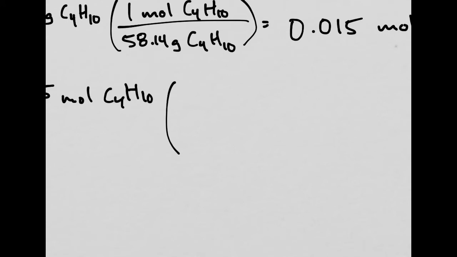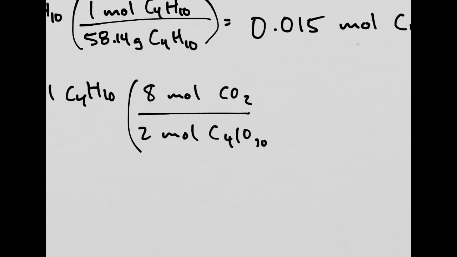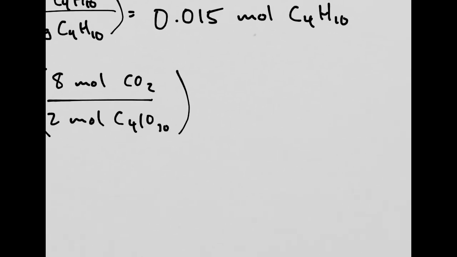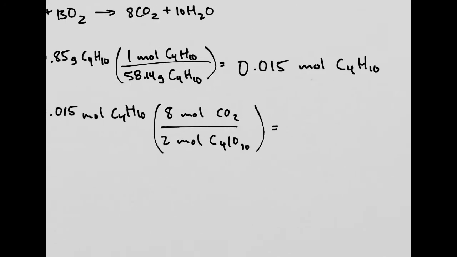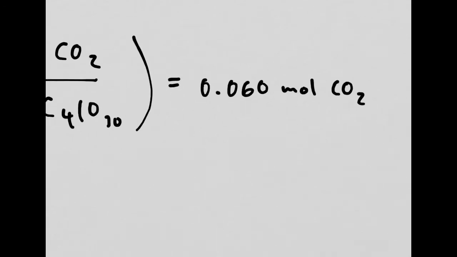And we have our equivalency, which is our mole ratio, 8 moles of carbon dioxide to every 2 moles of butane. Could I have done 4 to 1? Sure. It's just nice to keep it even so we don't mess with anything. And when we crank that out, you would produce 0.060 moles of carbon dioxide.